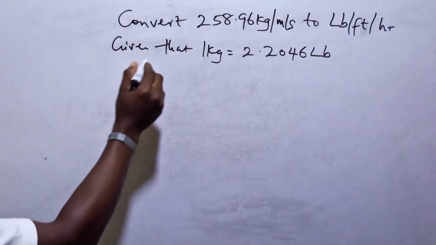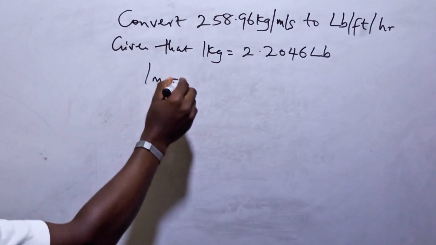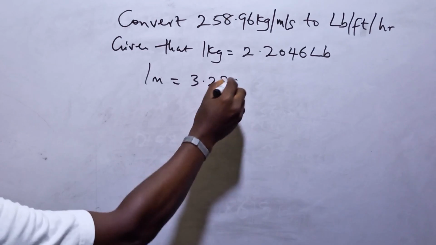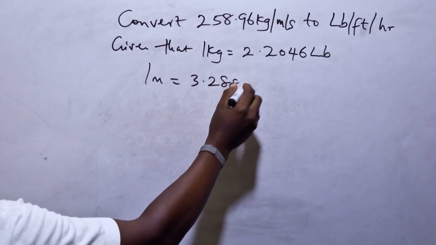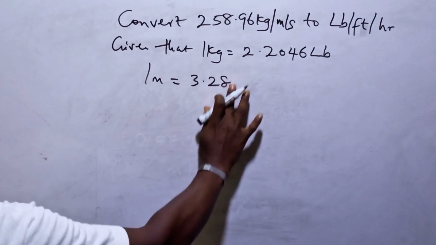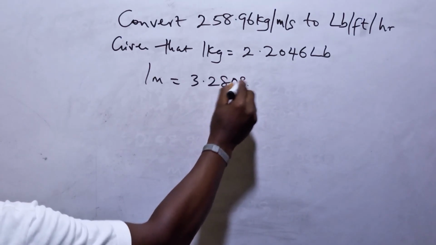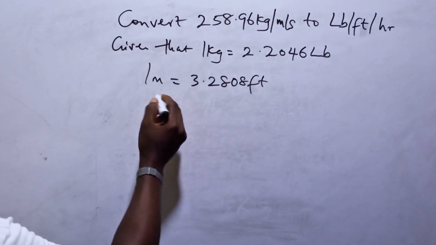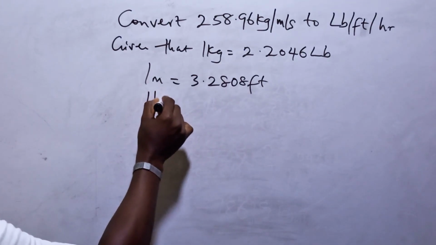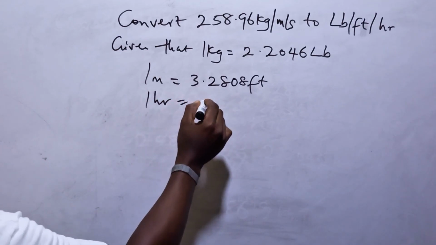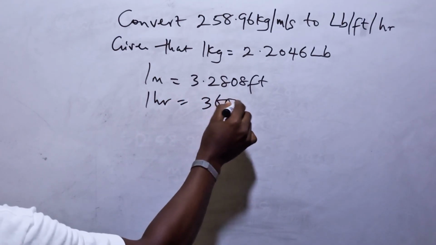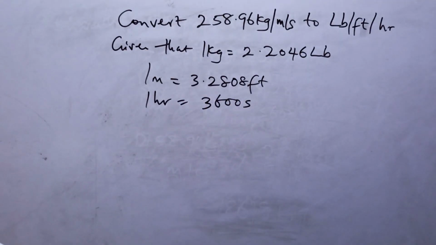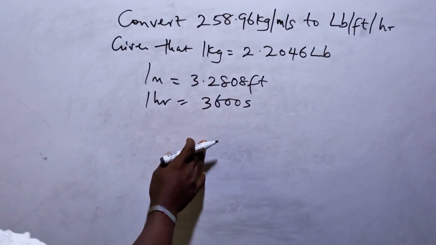We also have that 1 meter is equal to 3.2808 feet. We also have that 1 hour is 3,600 seconds. I'm sure that you all are familiar with this, or have done problems on this before.